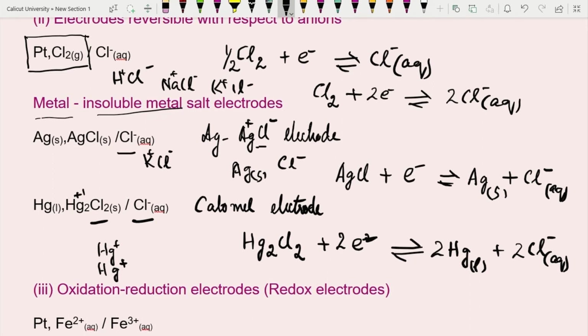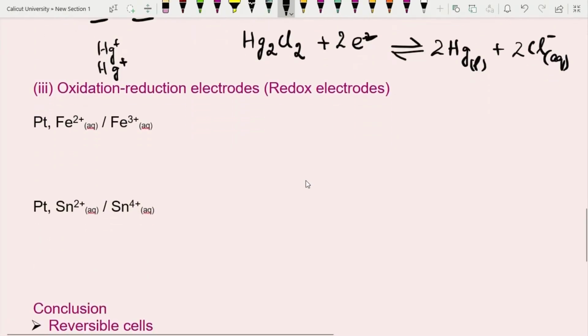So, that makes another electrode which is reversible with respect to anions. So, we have seen two, that is metal insoluble salt type as well as gas electrodes, which are reversible with respect to anions.